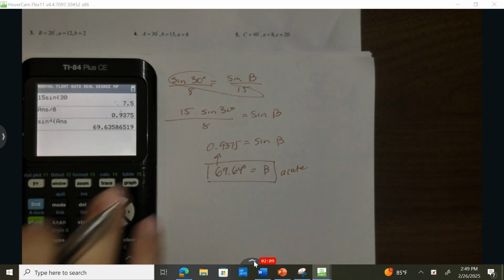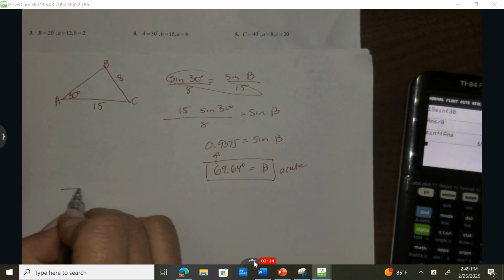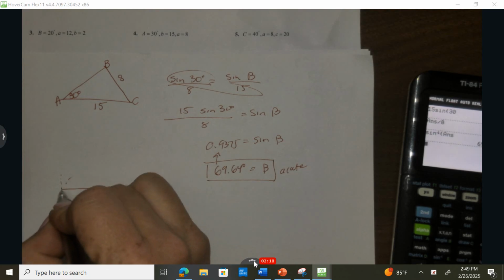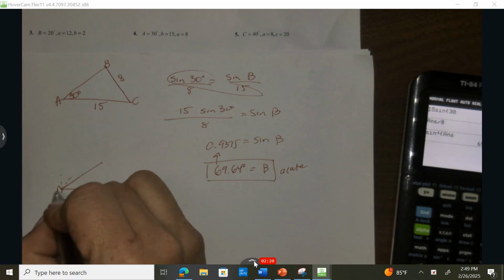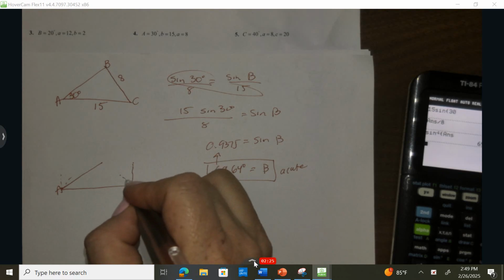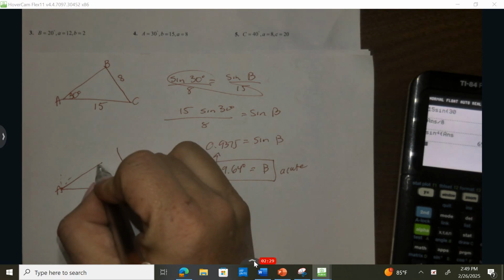So we're going to go ahead, and if I could draw this somewhat to scale, let's look at this. All right, so if this is 90, there's 45, 30 is somewhere like that, that's A. And so if this is 90, and this is 45, 69 is somewhere like right here.